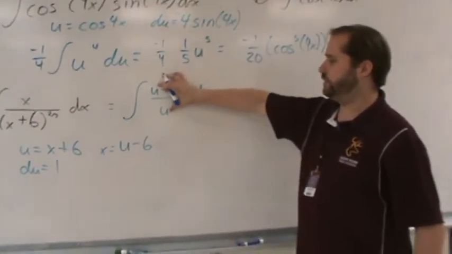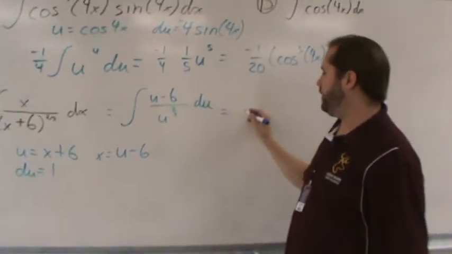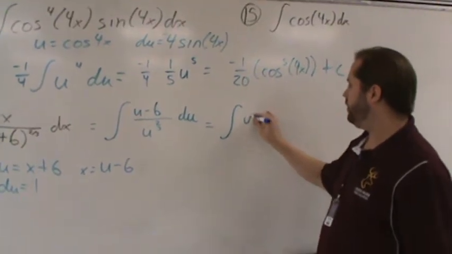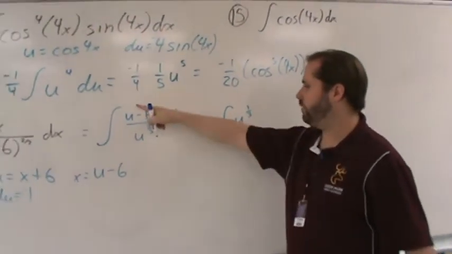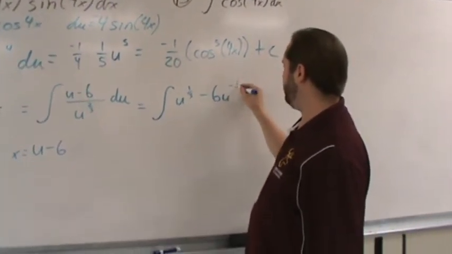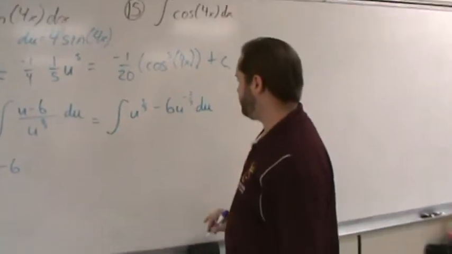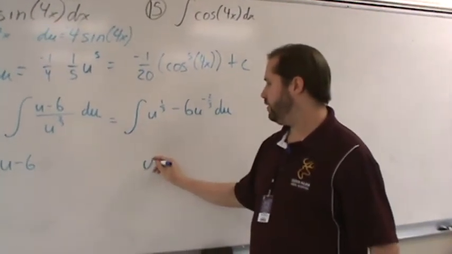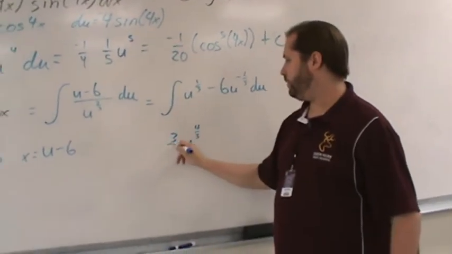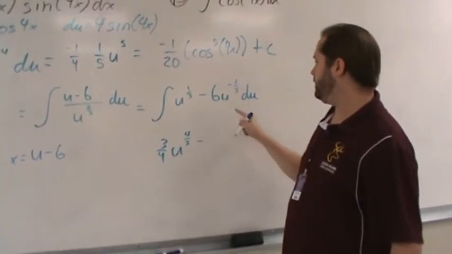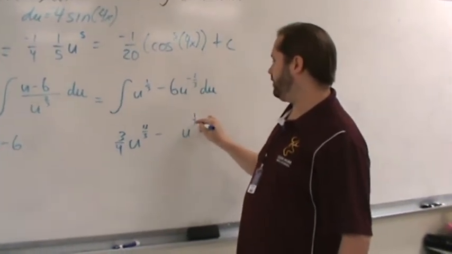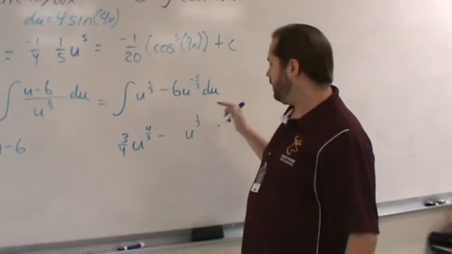Subtract the powers, and we end up with the integral of u to the 1/3, because 1 minus 2/3 is 1/3, minus 6u to the negative 2/3. Integrating this, u to the 4/3, with the 3/4 in front, minus, ooh, this negative 2/3 is going to become 1/3. 1 more than negative 2/3 is 1/3.